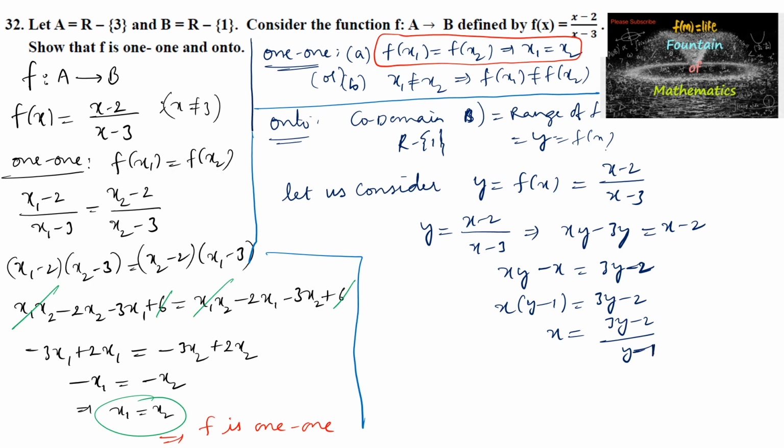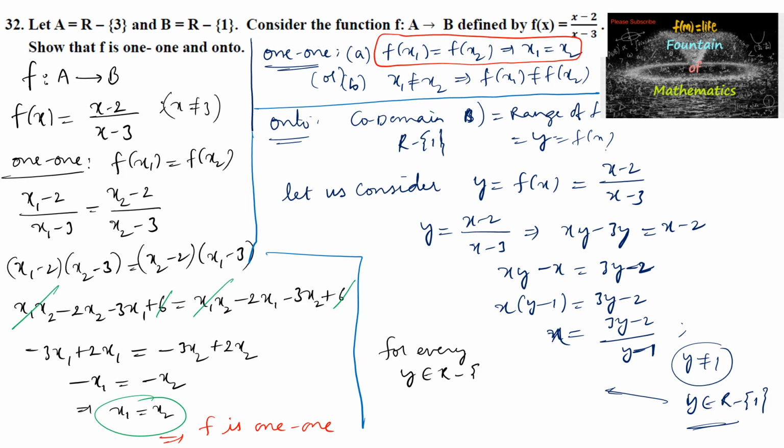Clearly we can say that y cannot be equal to 1. Y cannot be equal to 1 means y belongs to R minus 1. Since for every y belongs to R minus 1, there exists x belongs to R, some real number except 3, such that f of x is equal to y.